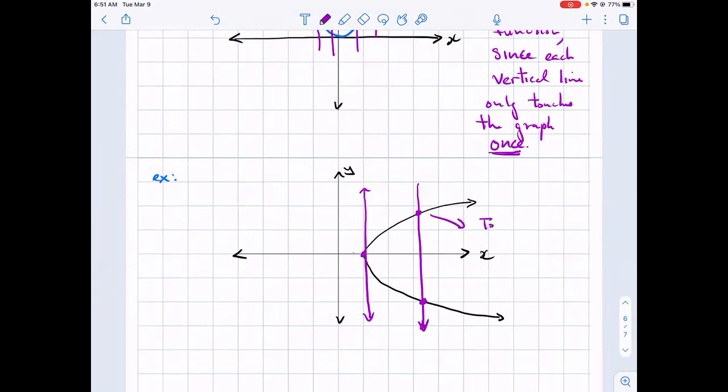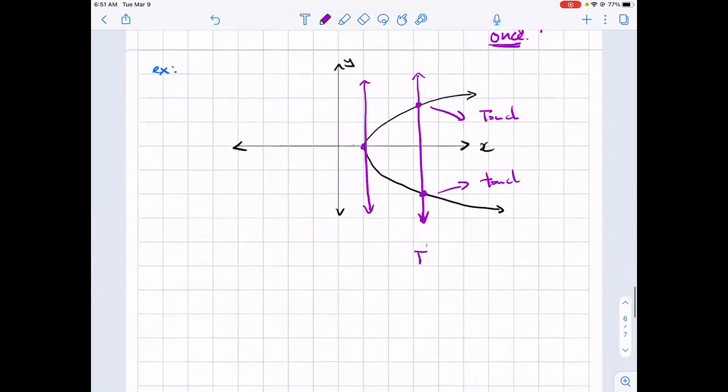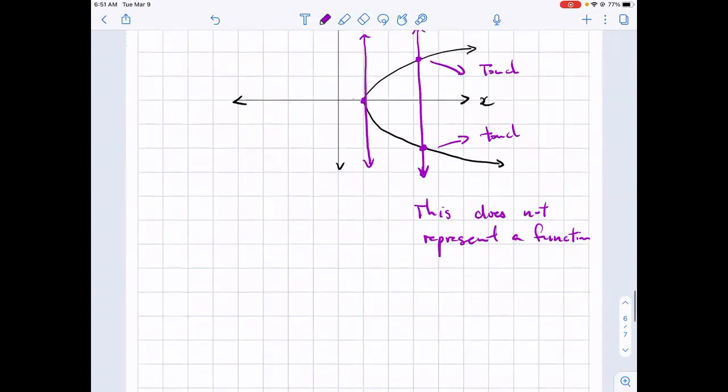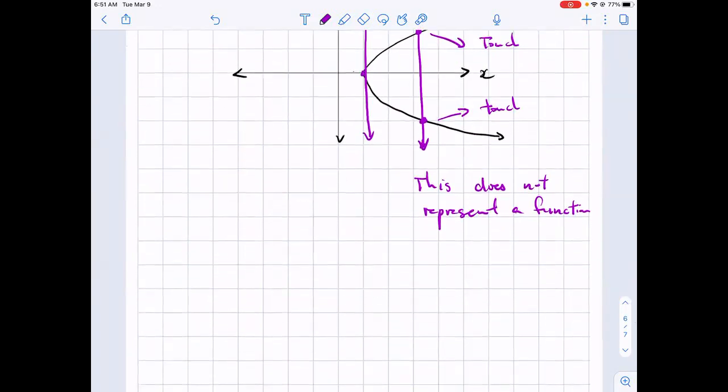So touch here, and touch here. So this does not represent a function. There are many different examples of graphs out there that will not represent a function. You can keep doing this and see that it's not.